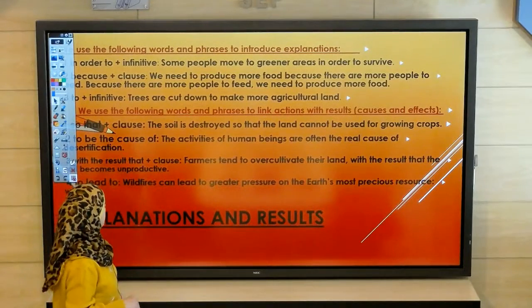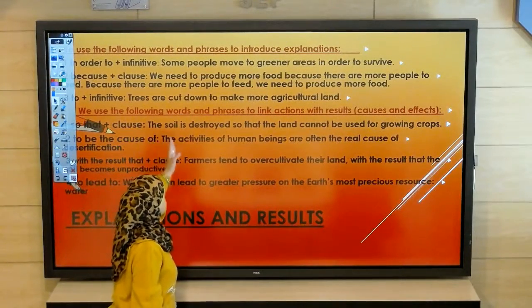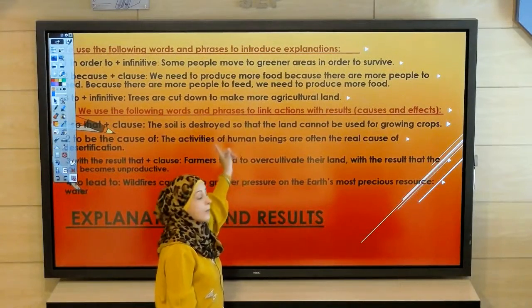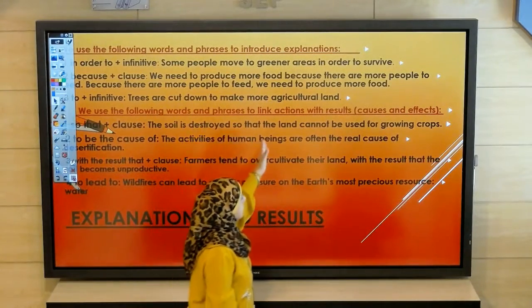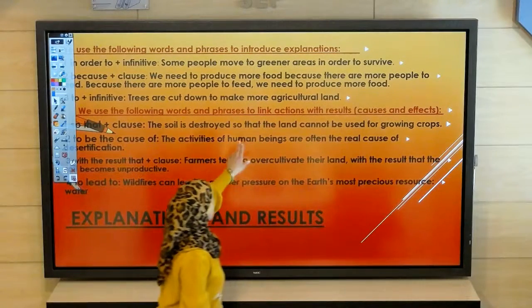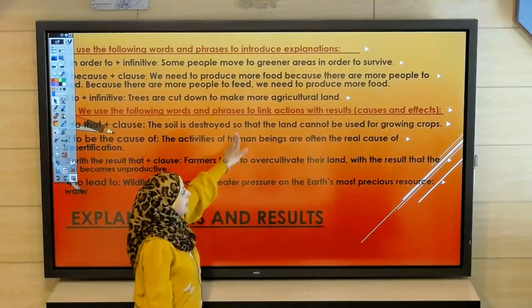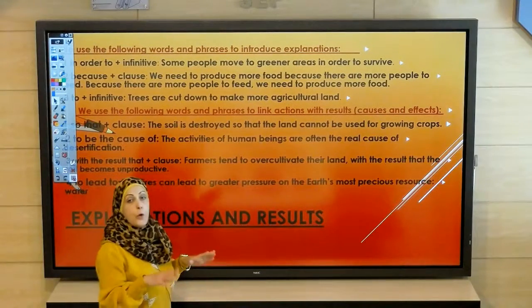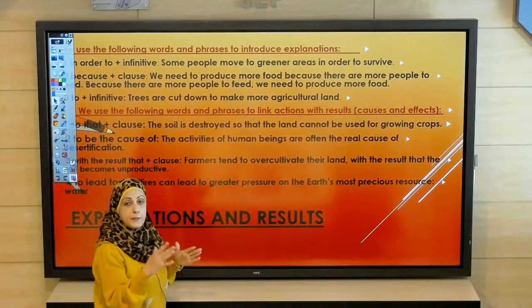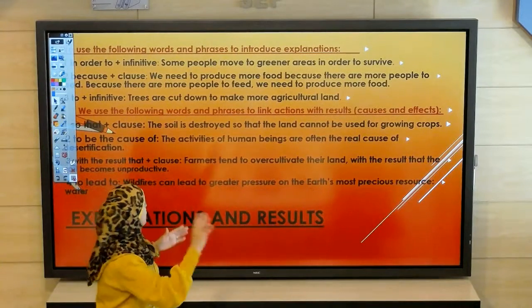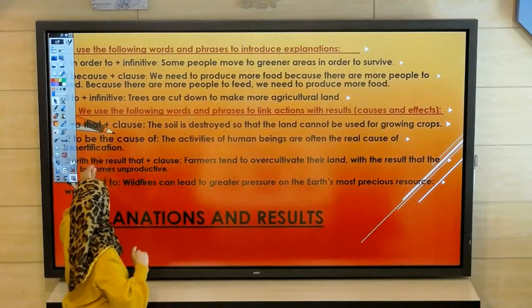Notice this example. The soil is destroyed so that the land cannot be used for growing crops. Notice what comes after so that? Clause. Okay? Not infinitive. We should write after it clause. Subject, verb, and continue the sentence.